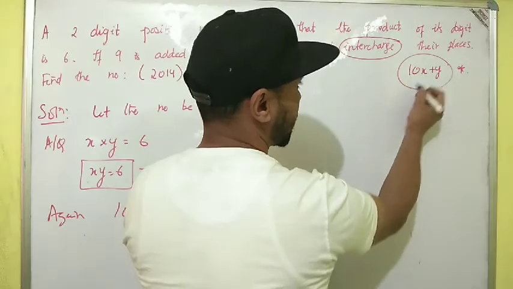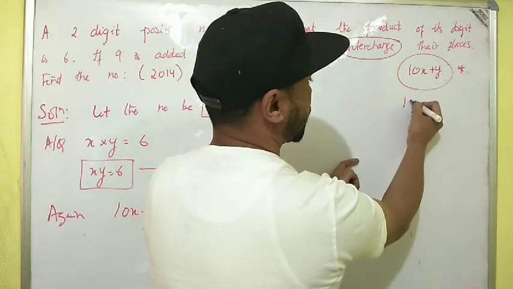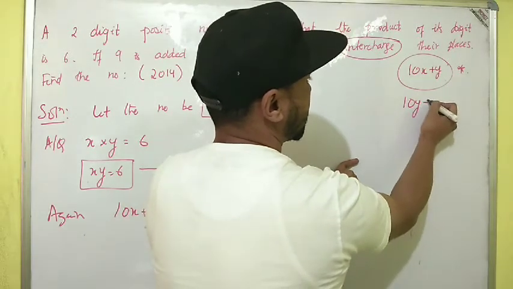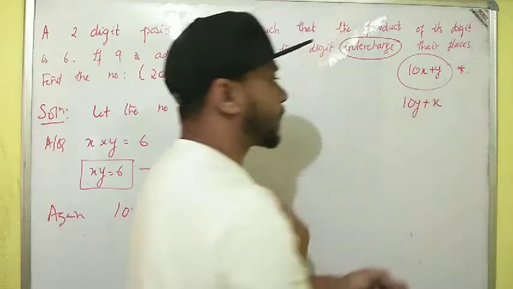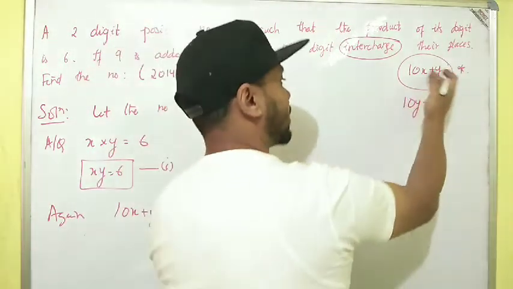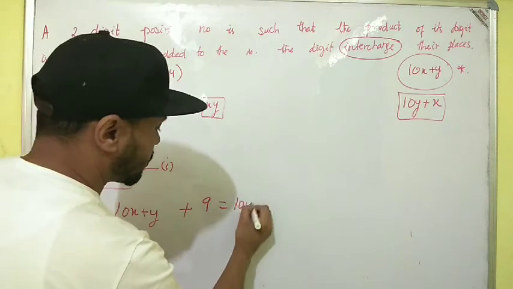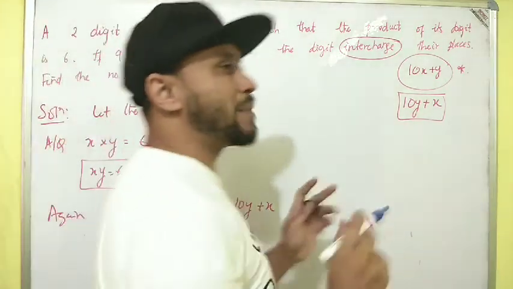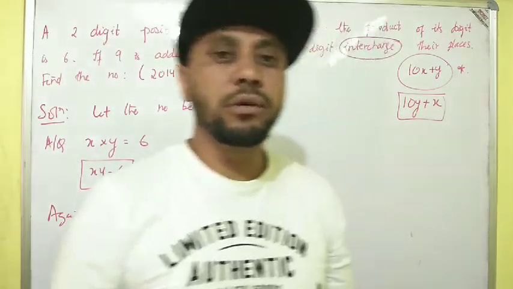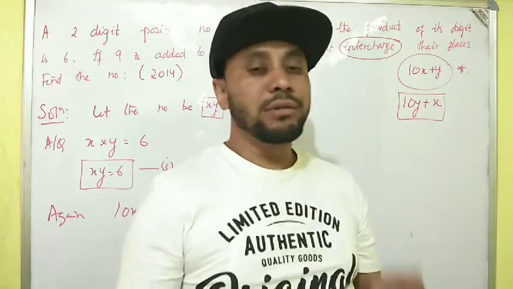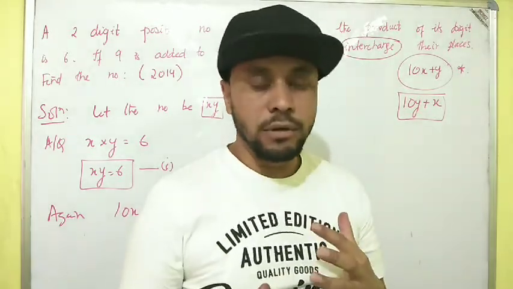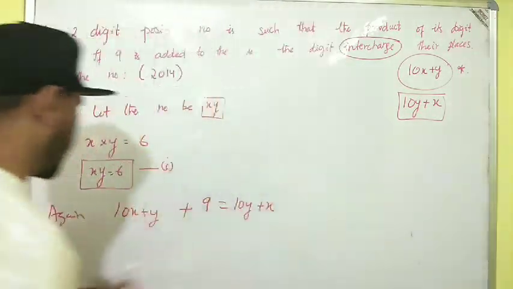So if this is a number, then if it interchanges, y will come this side and x will go there. So this is how the number interchanges. So this is the pattern. Please memorize it, or do it again and again so that you will get an idea how to solve. The pattern is very important.